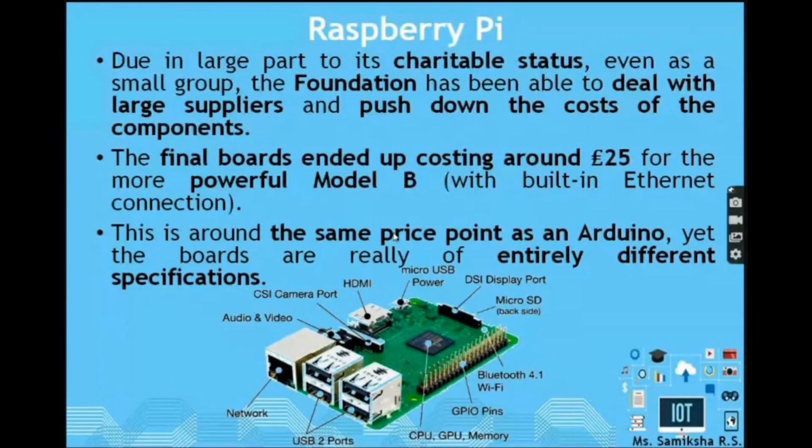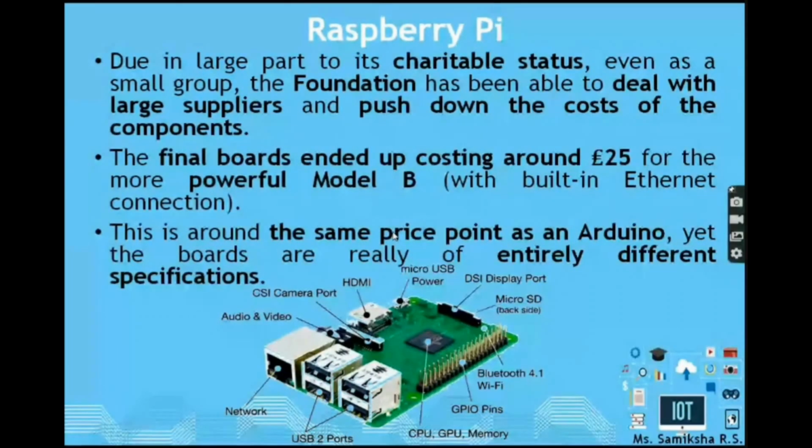Apart from being into charity, this foundation is still able to supply its Raspberry Pi boards in large quantities, and it is also focusing on reducing the cost of the boards more and more so that more people can afford this powerful system. The basic Raspberry Pi board costs around 25 euros, and the more powerful B model, which has the built-in Ethernet connection, comes for around 25 euros.